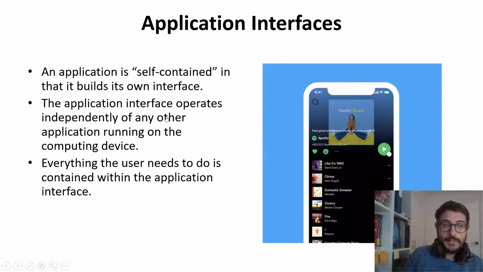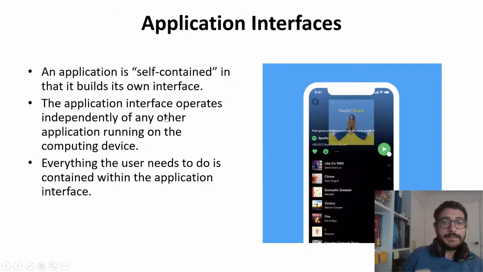So let's have a look at one example. This is Spotify. Spotify has to achieve one meaningful outcome, which is to play music. So always keep this in mind. What is the final goal? The final goal for Spotify is to play music.